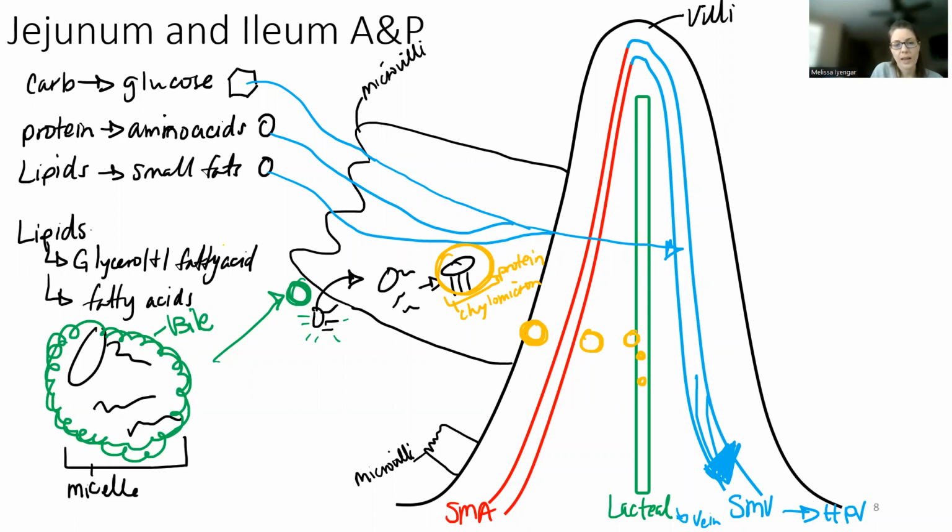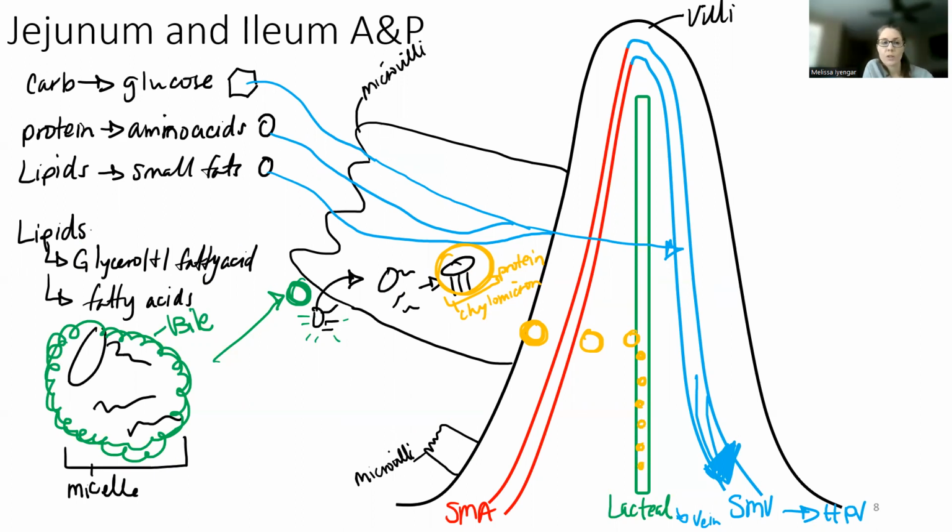So you want to understand lipids that are much larger are going to have to be transported by the micelle towards the cells. The cell then reconstitutes or remakes the triglyceride, surrounds it with protein to create a chylomicron, and it's the chylomicron that gets absorbed and transported via the lacteal, okay?